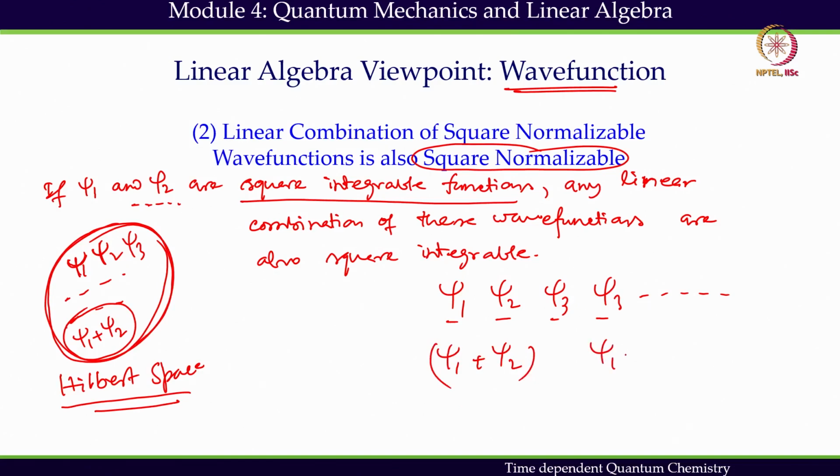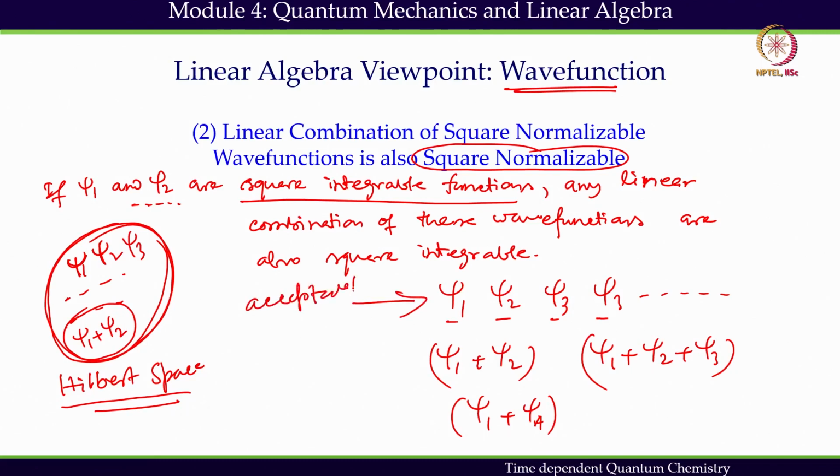I can take different kinds of combination. I can take psi 1 plus psi 4. This is also square normalizable. All linear combinations will be square normalizable. So if they are acceptable in quantum mechanics, then the combinations are also acceptable in quantum mechanics.